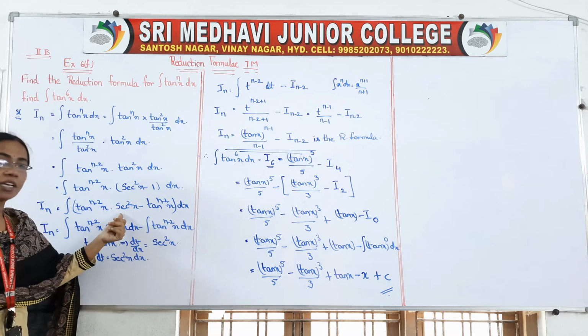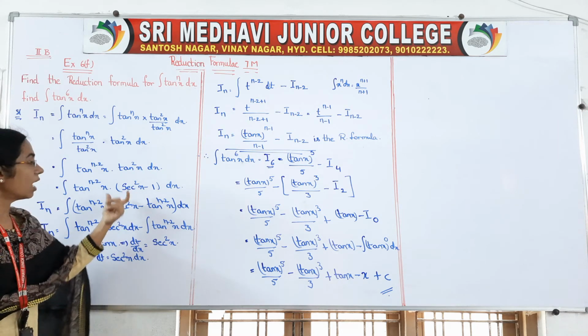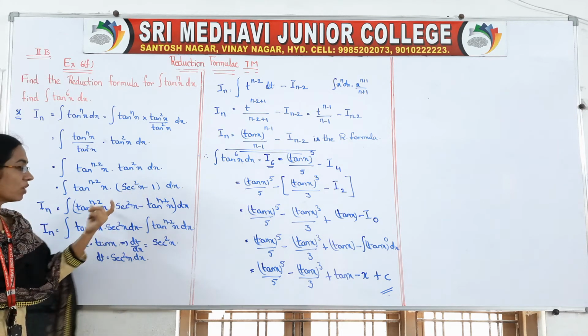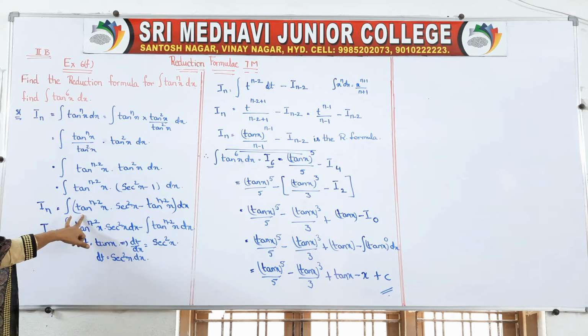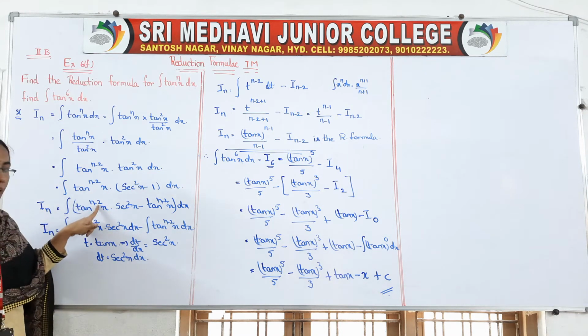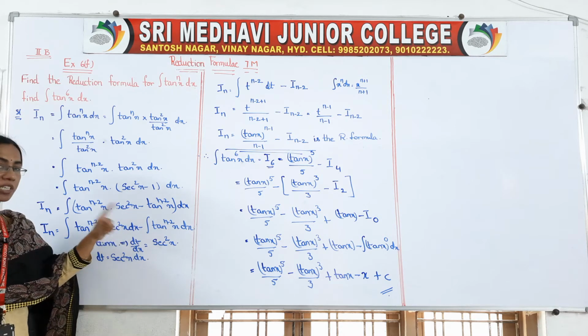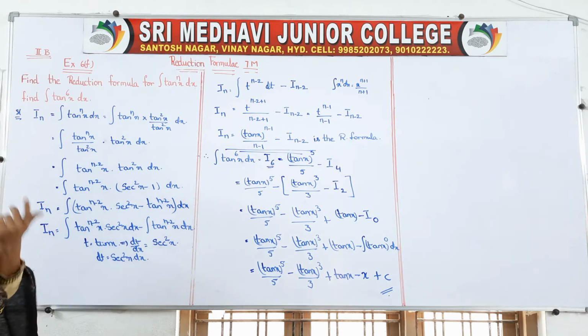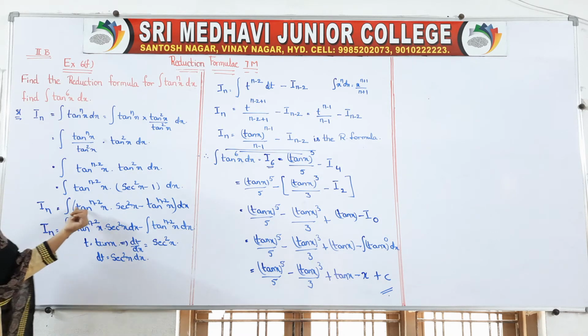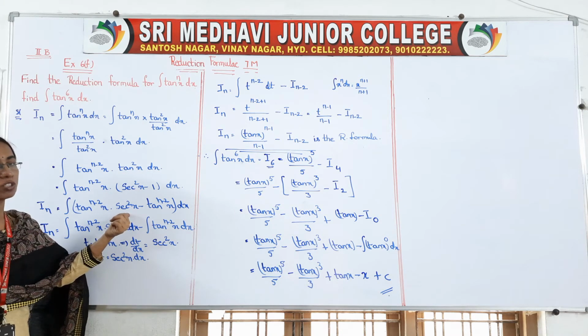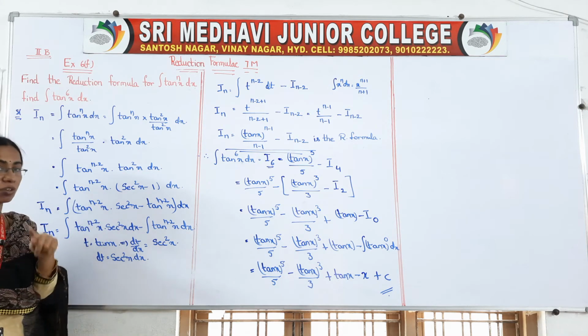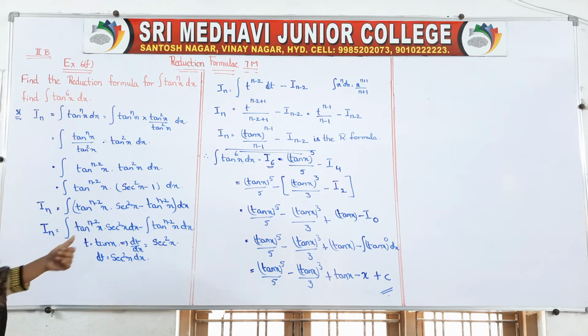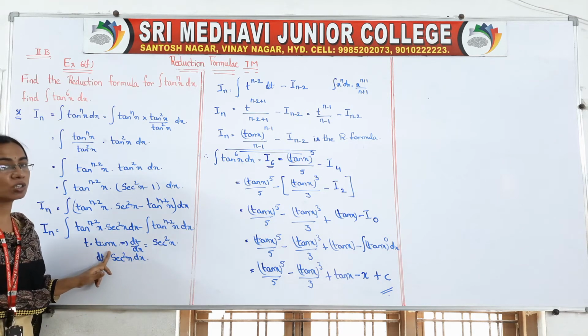So just take a secant square x and separate it. Once you separate it, if you observe, this term has a power and there is secant square x along with it. So if we differentiate tan x, we will get the other term. Whenever the situation is like that, we go for substitution. That's why I have taken t is equal to tan x.